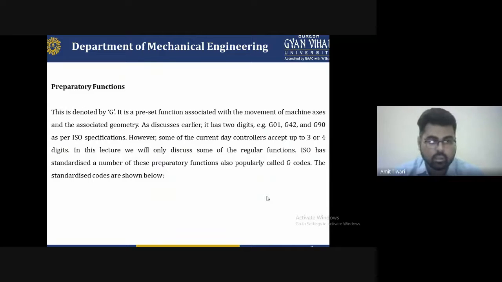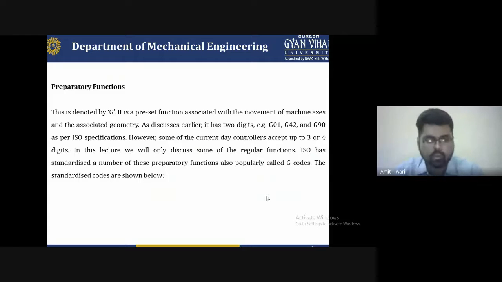For example G01, G02 or G42. The capital G indicates geometry, and the digits indicate the function, such as tool compensation.